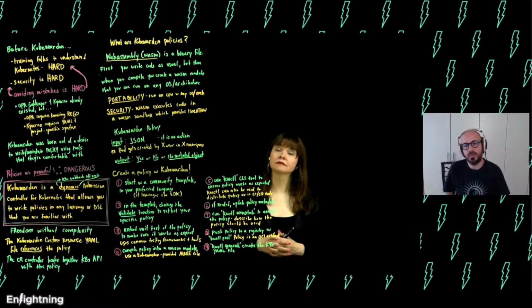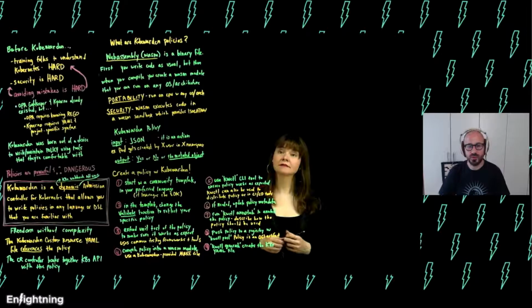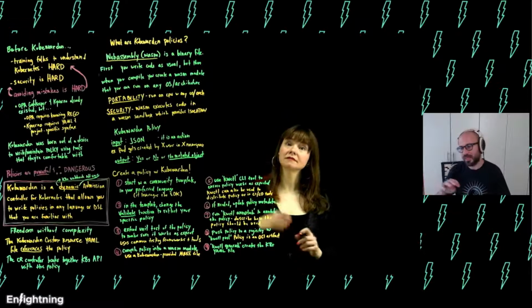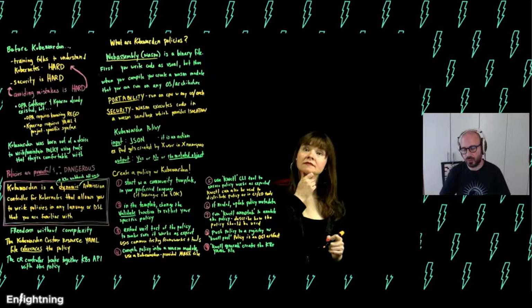If you want to write a policy that inspects namespaces, this is the type of policy you have to use. Or you can also look into namespaced resources. So if you want to say we do not want to allow privileged containers inside all the namespaces, this is the type of policy you use.